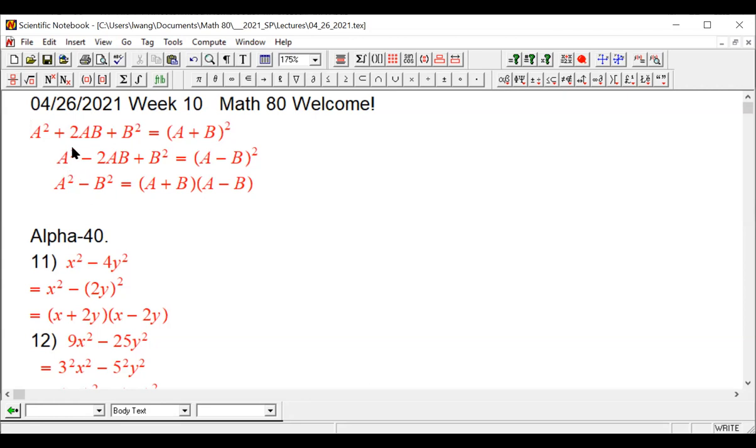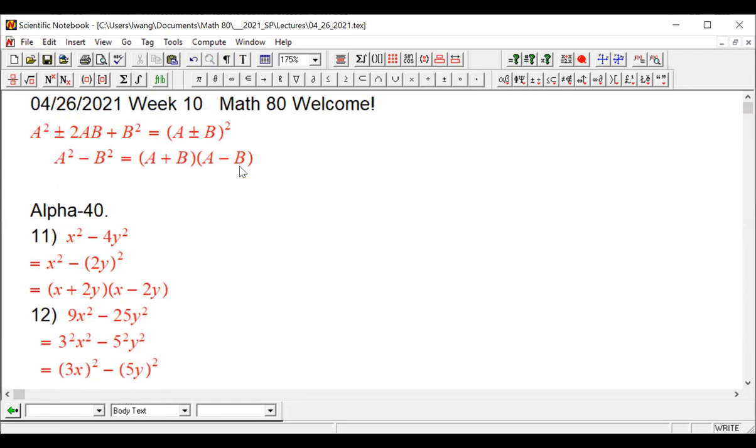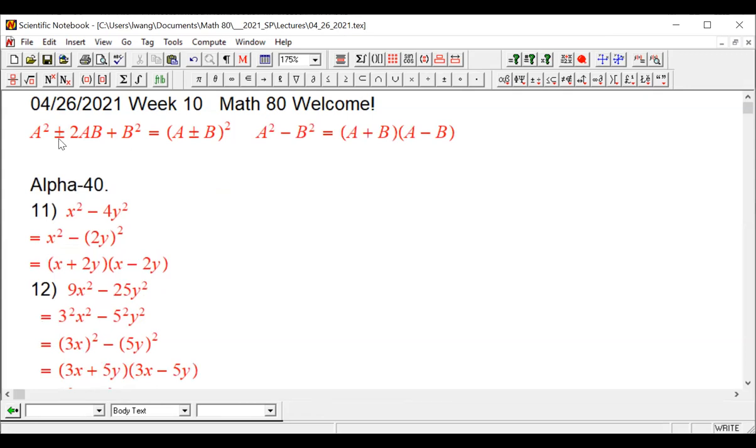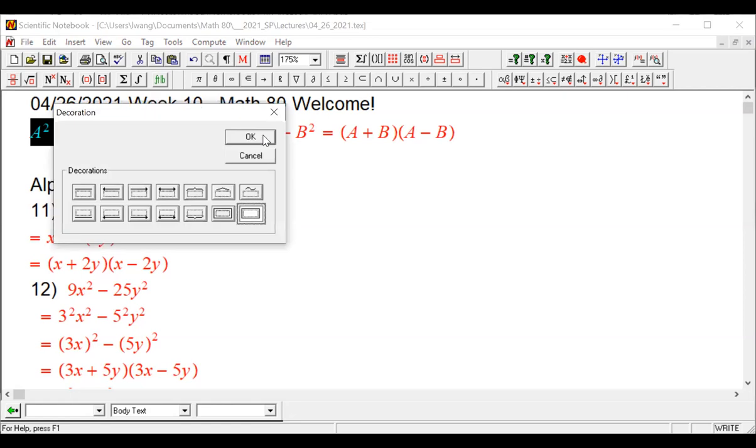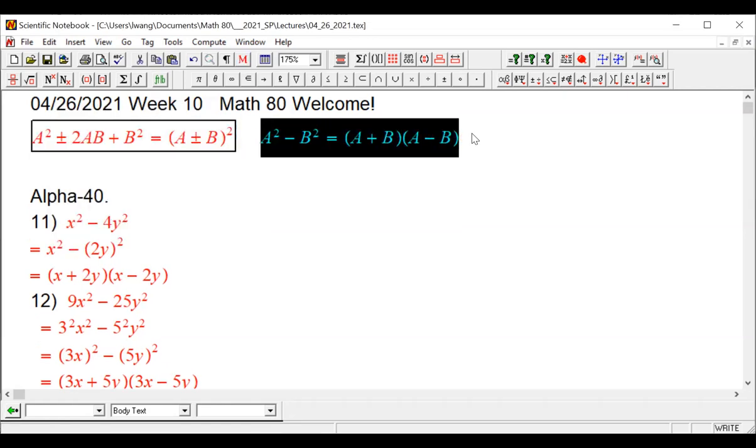And if I combine the first two, they can be combined into plus minus. So that's combined. And the third, well, this will be one important perfect square, and this is called the difference of squares.